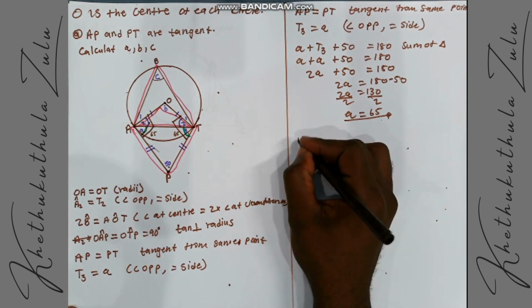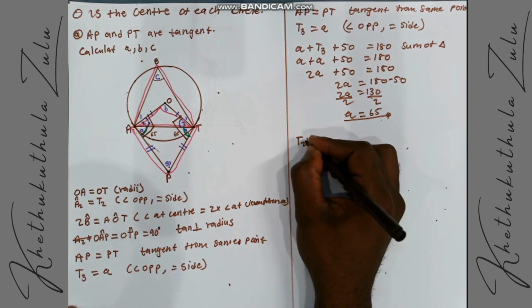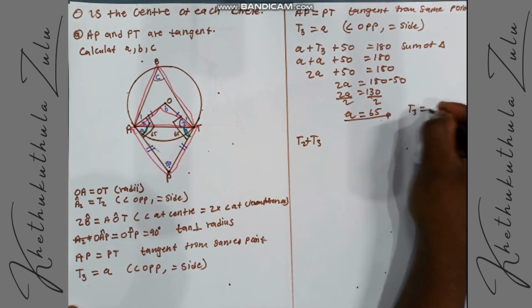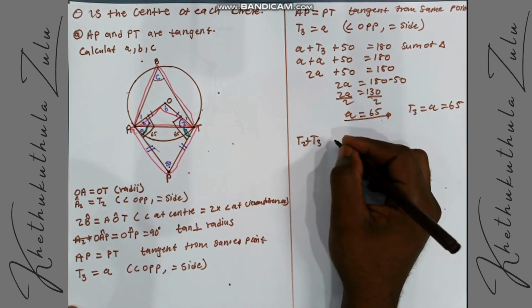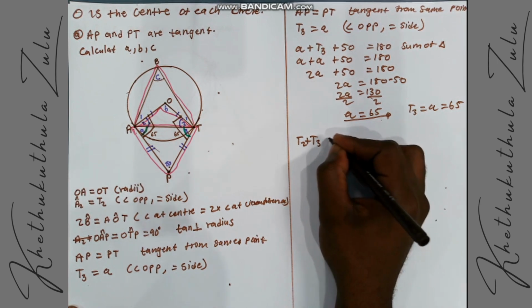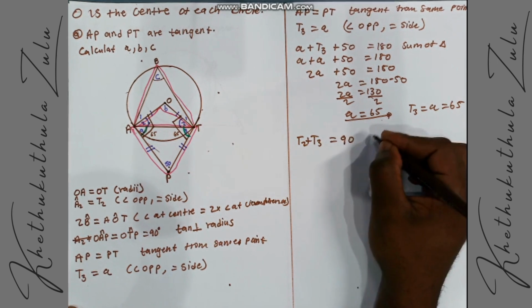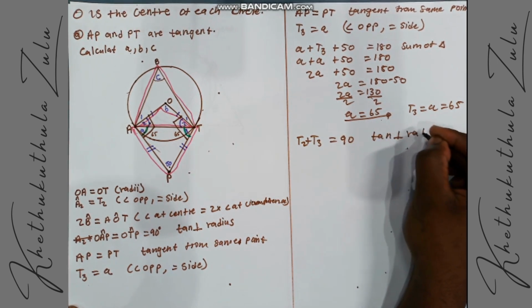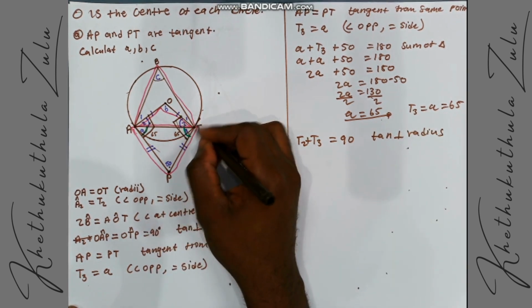We know that T2 plus T3, which is 65, is equal to 90 degrees, because a tangent is perpendicular to the radius.